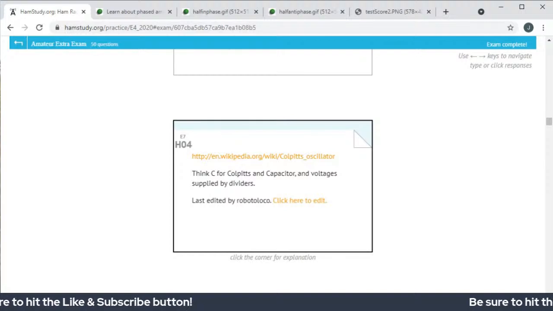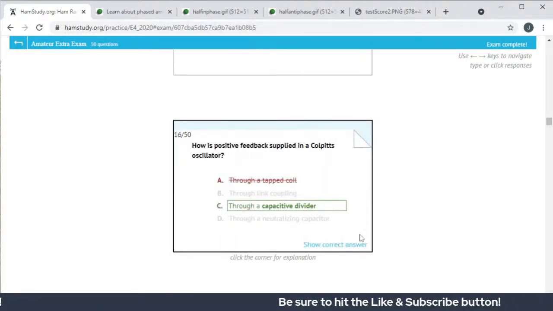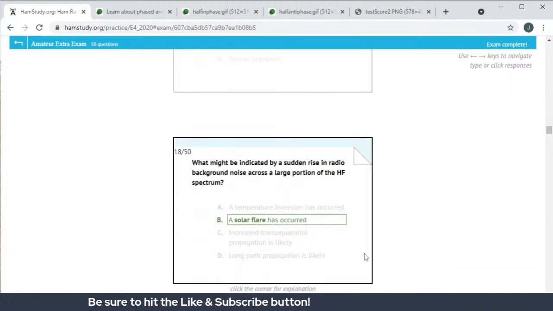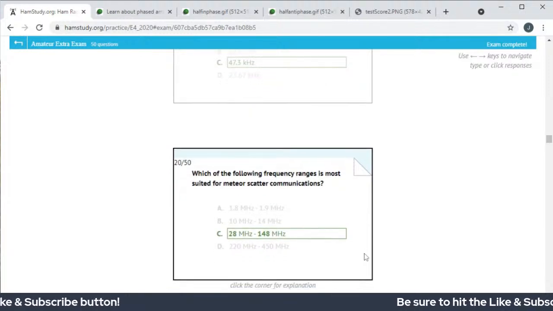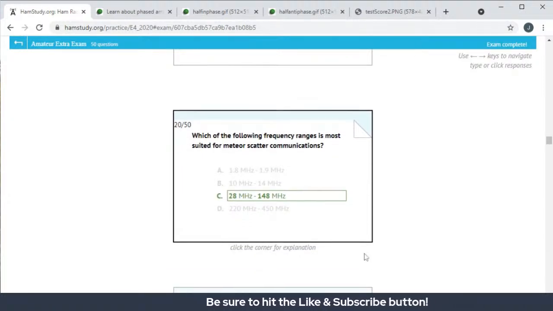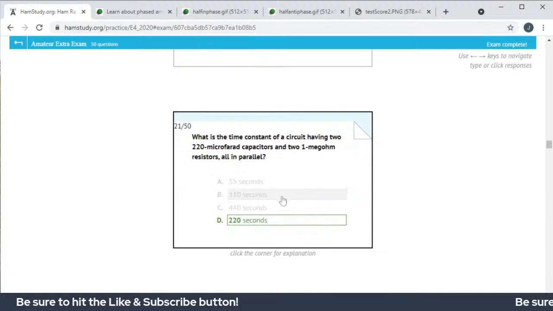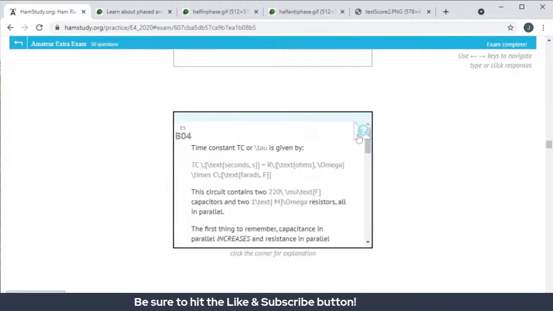Think C for culprit, C for capacitor. So this one, I did get correct.